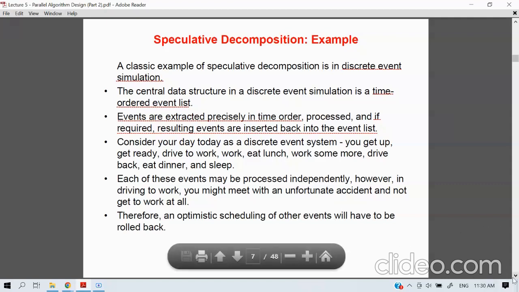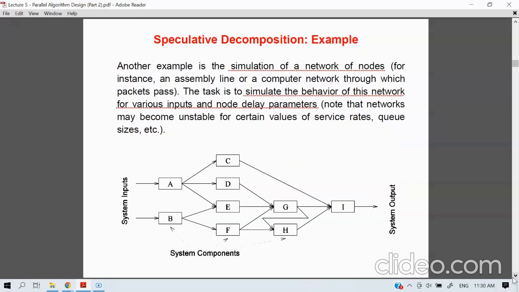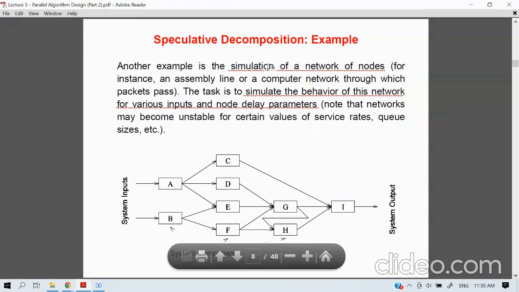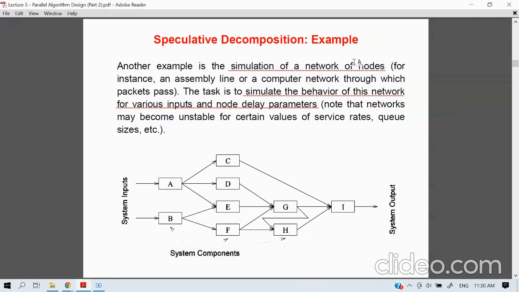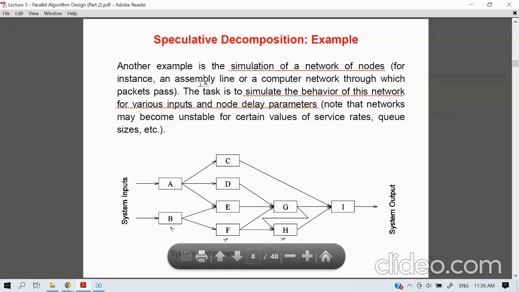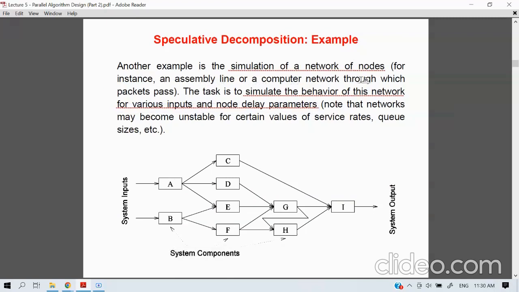Okay, so next, another example, instead of events, kita ada satu lagi example, simulation of a network of nodes. So this is a network, an assembly line or a computer network through which packets pass. You assume this is the input and it wants to pass the packet through the network.